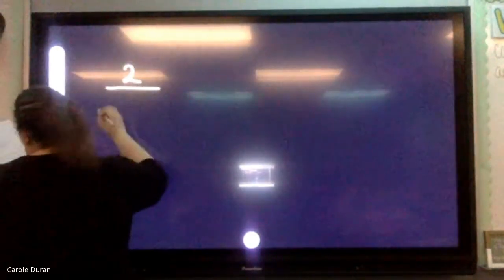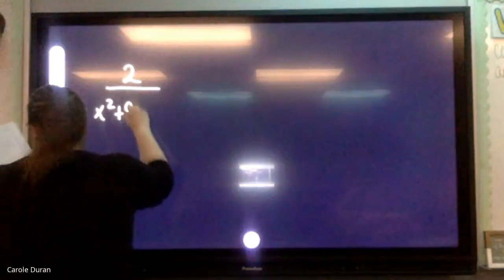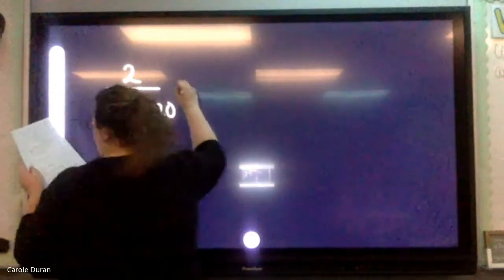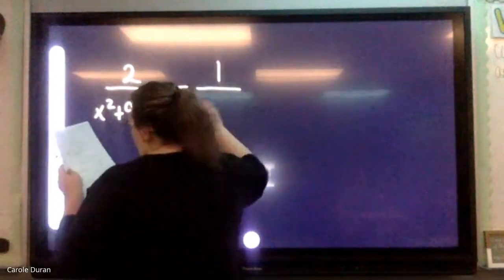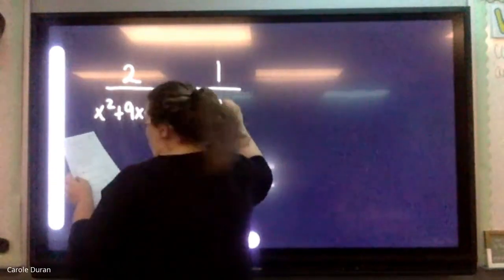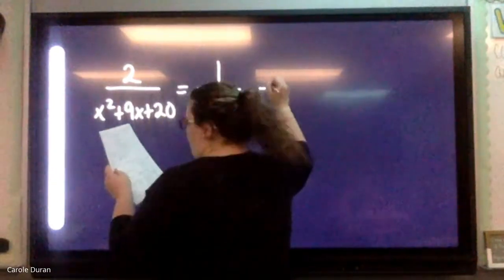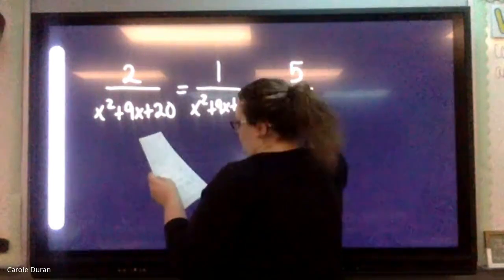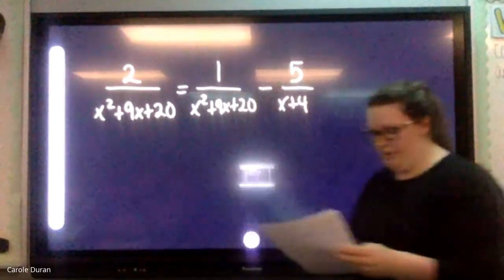The first example is 2 over x squared plus 9x plus 20 equals 1 over x squared plus 9x plus 20 minus 5 over x plus 4.